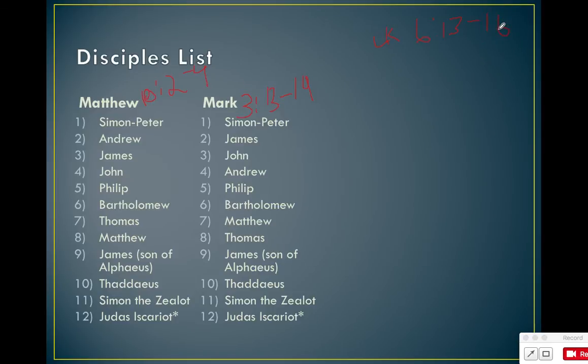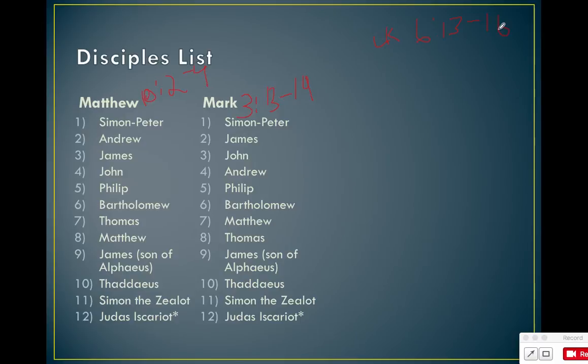This is the list of the disciples, and I have Matthew and Mark already up here, which I also believe are in your notes. And then if we read from Luke chapter 6, we're going to talk a little bit about what we see in this listing of the disciples. So Luke chapter 6, verse 13 through 16.